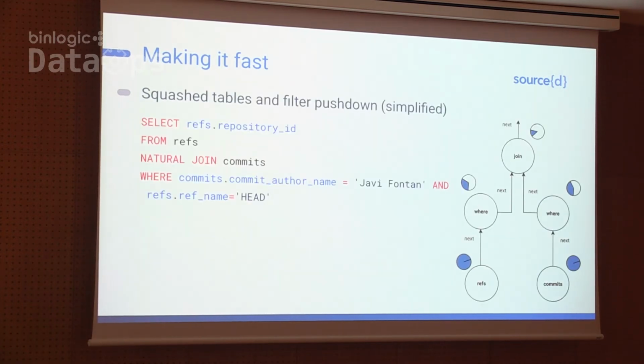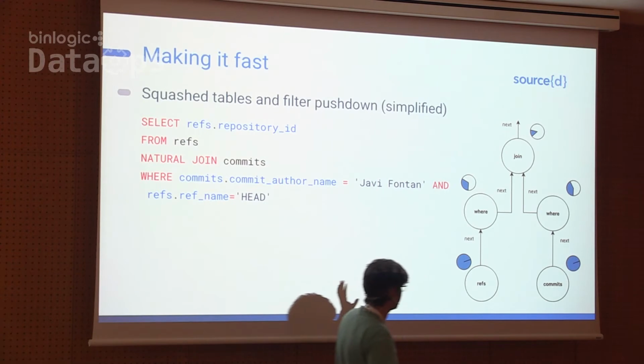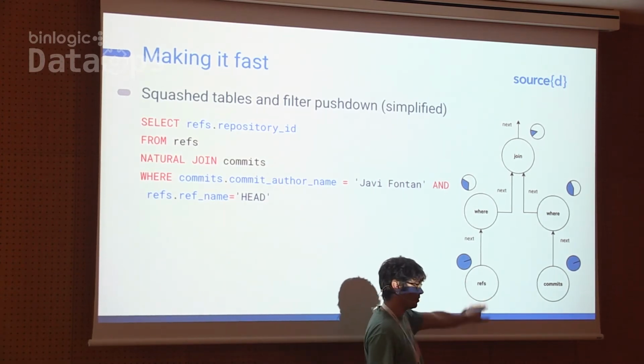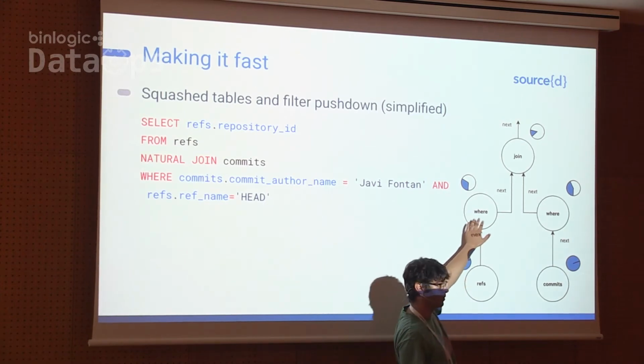One of them is squash tables and filter pushdown. These are two things, but they are very related. In this query, what I'm doing is getting all the repositories whose latest commit is made by me. So it's a pretty simple one. But in the graph here, you can see that we get all the references from all the repos and do some filtering on them.